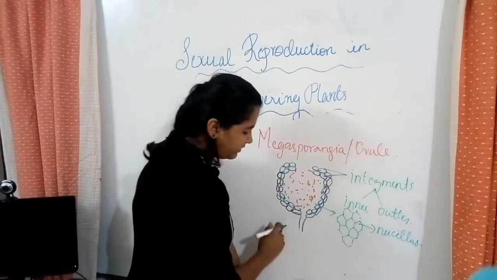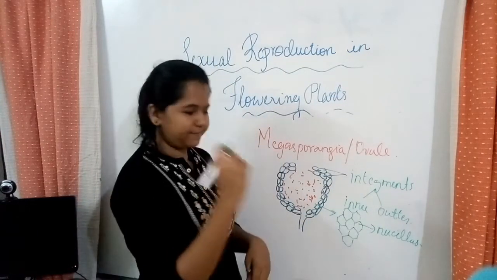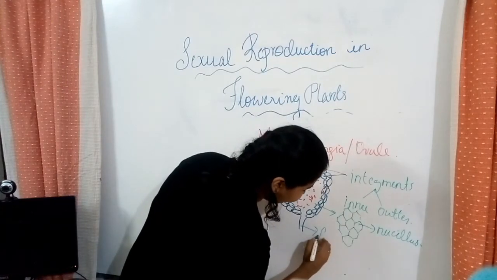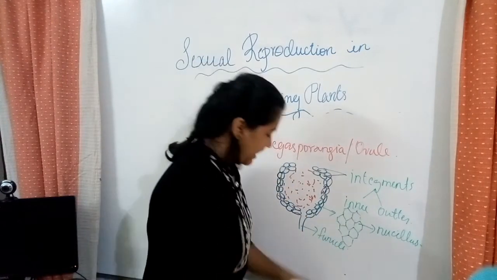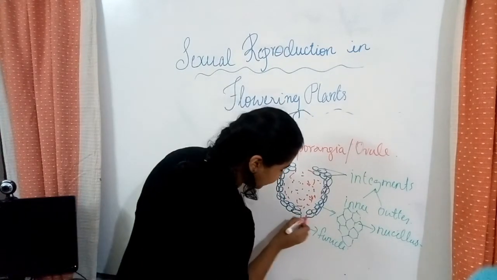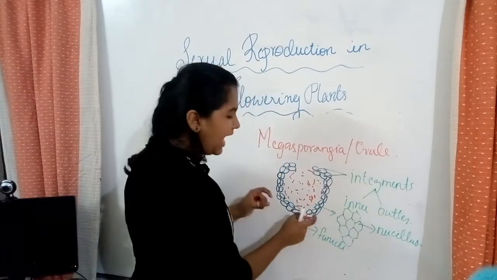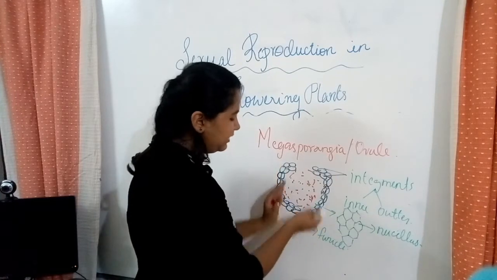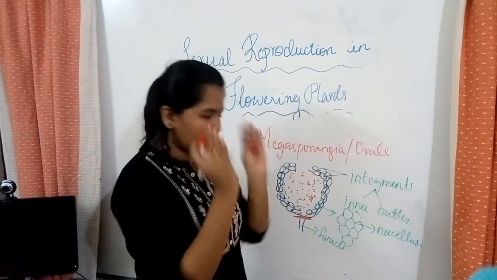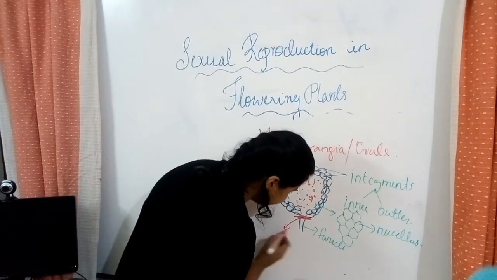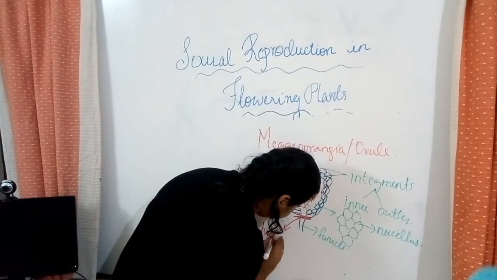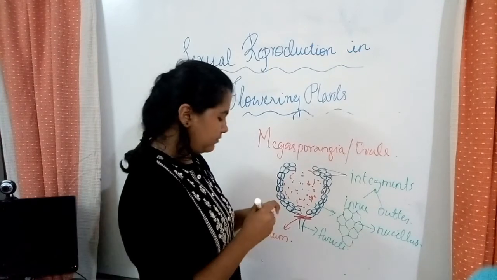Over here, can you see a stalk-like part? This is known as the funicle. The point where the funicle and the ovule are connected together is called the hilum.